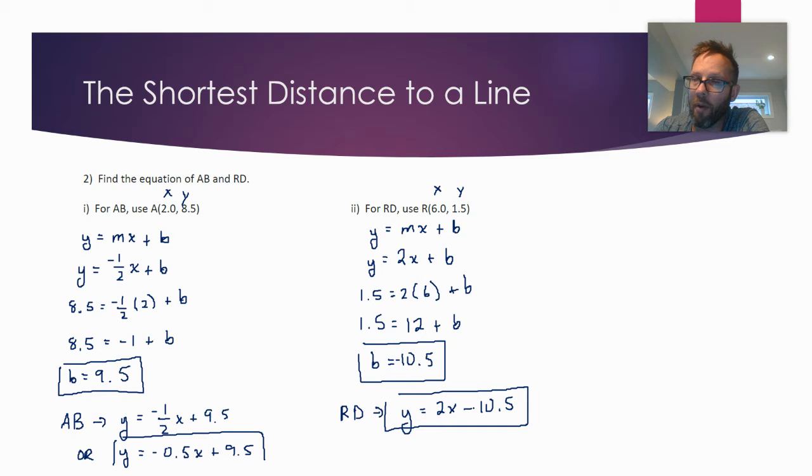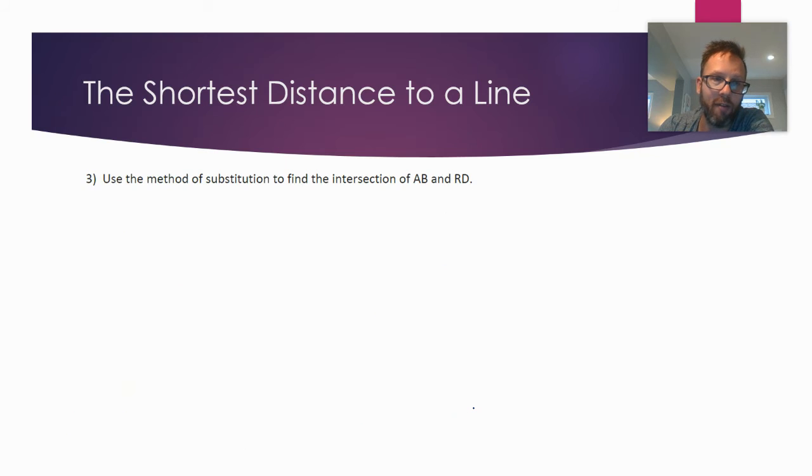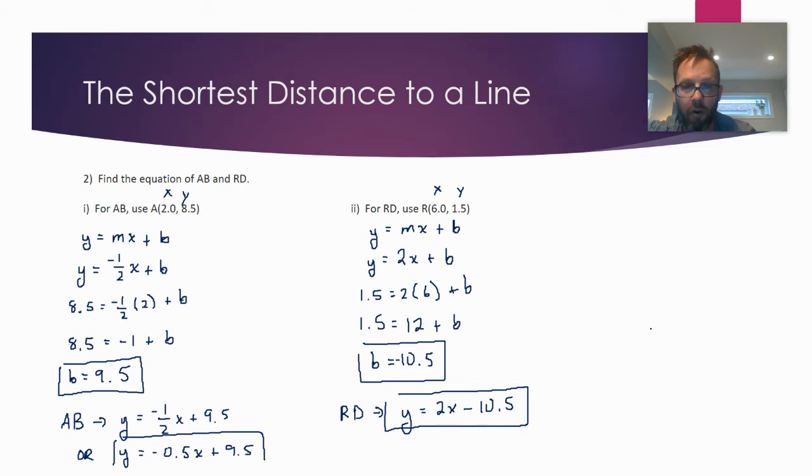Well, now we can find out where they meet, where that point D should be. And then we can get the construction crew to get planning and stuff like that, right? So our next step is to find the intersection of these two lines. So I'm going to call this equation 1, and I'm going to call this equation 2.